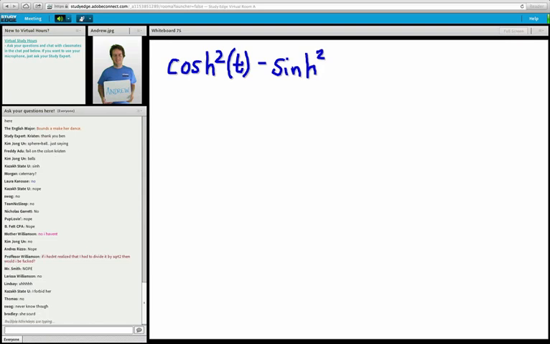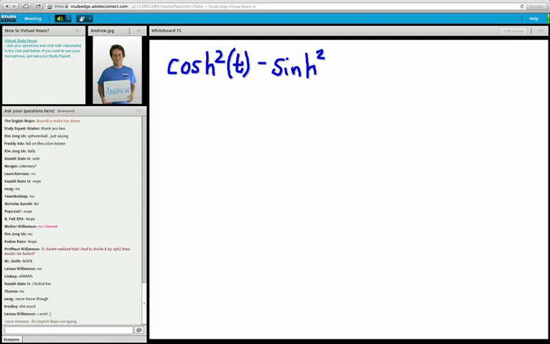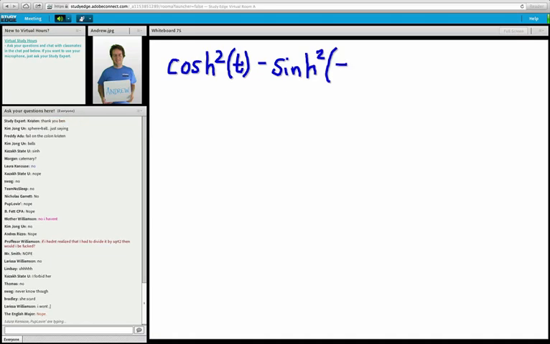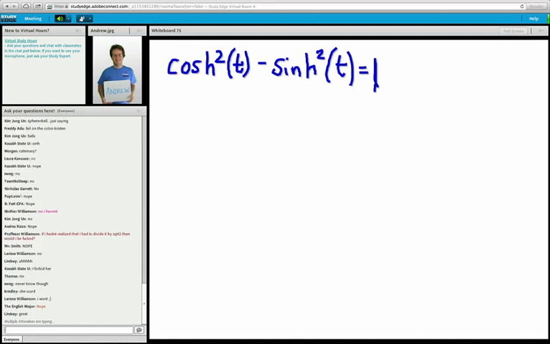Professor Williams says, if I hadn't realized that I had to divide by square root of 2, would I be out of luck? Well, conceivably, you're the professor, so you should know how to do it. But yeah, I think you'd be out of luck. Realizing to divide by square root of 2 takes a little bit of ingenuity.